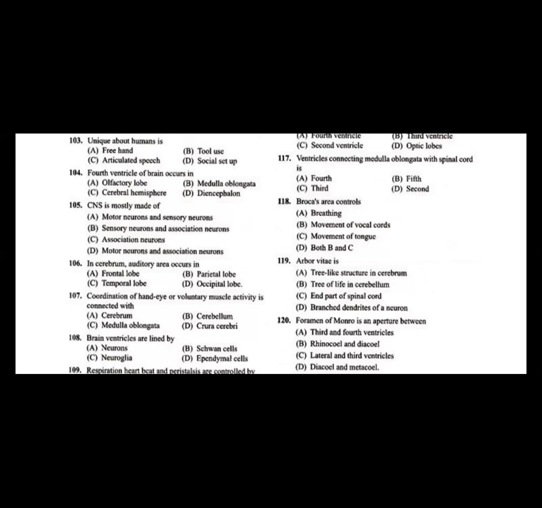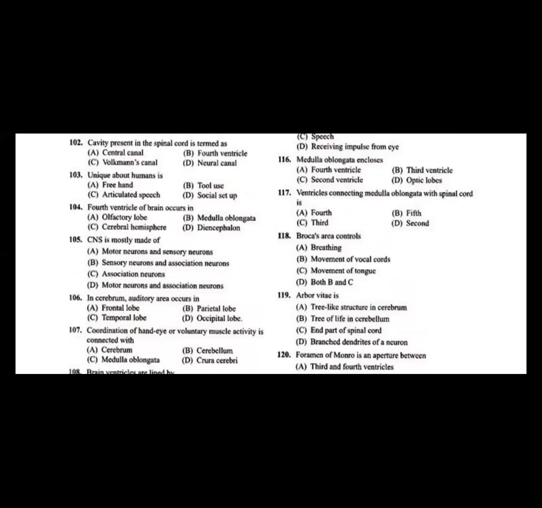No, it is wrong because it has motor neurons, sensory neurons, as well as association neurons. Then B, sensory neurons and association neurons. C, association neurons. The central nervous system is mostly made up of association neurons. Answer is association neuron, students.